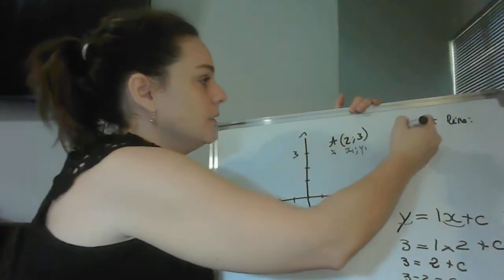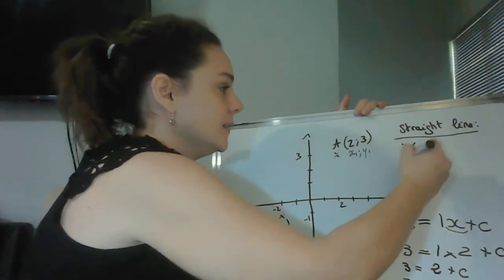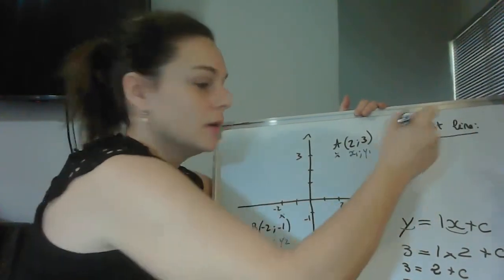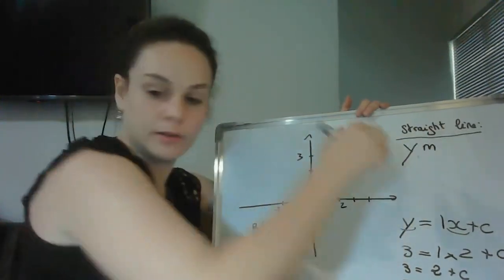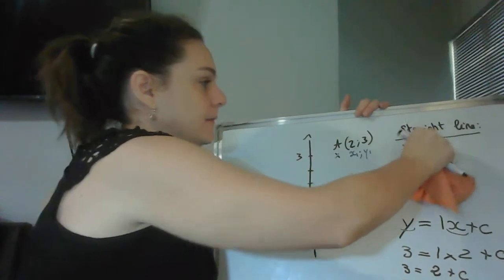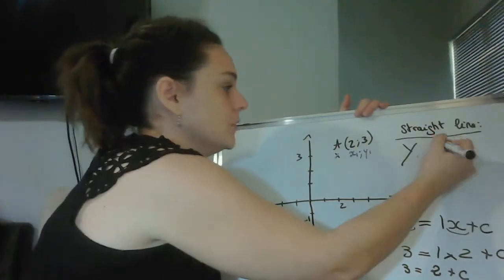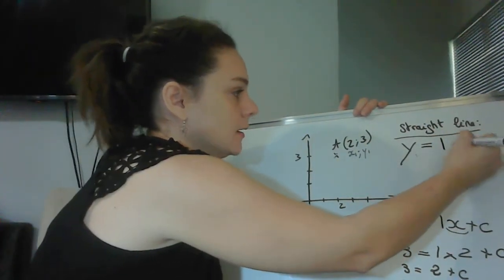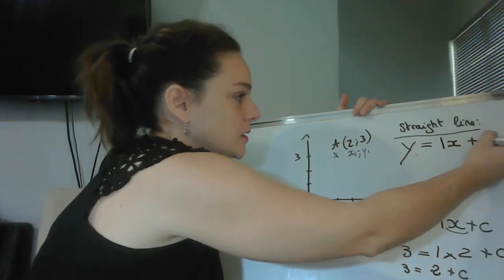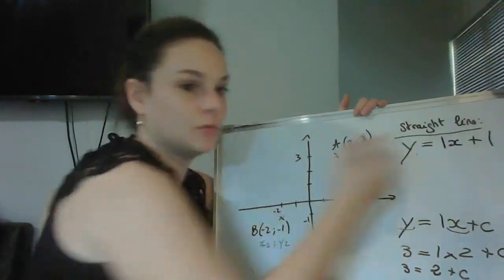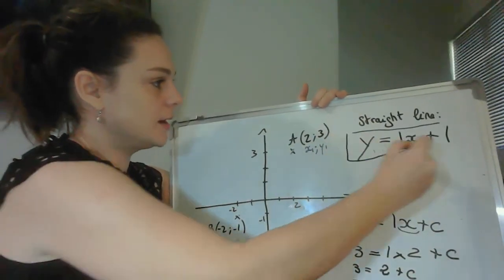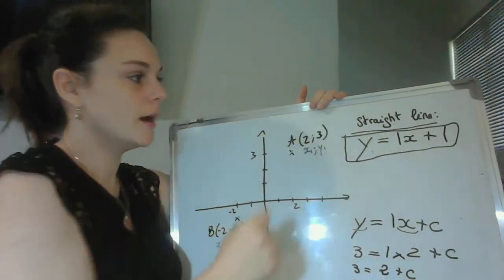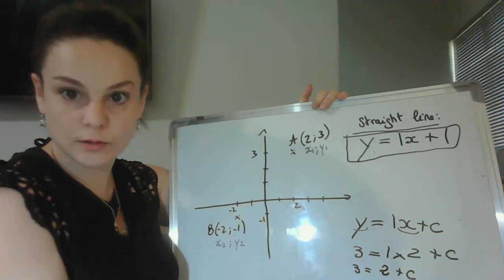And the final equation for my straight line is y equals mx plus c. The gradient m was 1, and the c value is 1. And here I've got the equation of my straight line. y equals 1x plus 1.